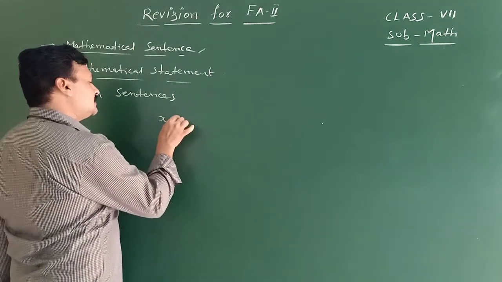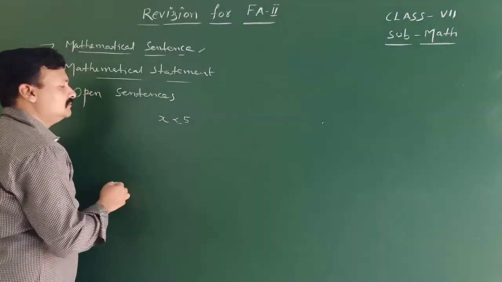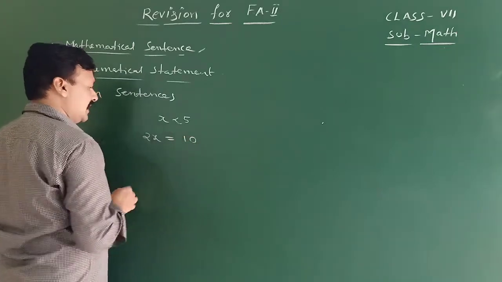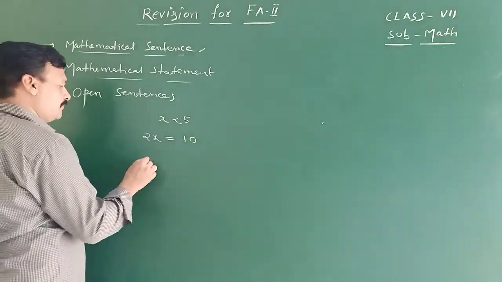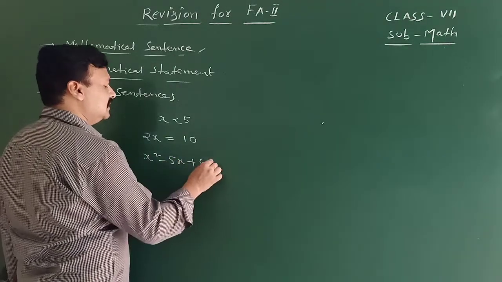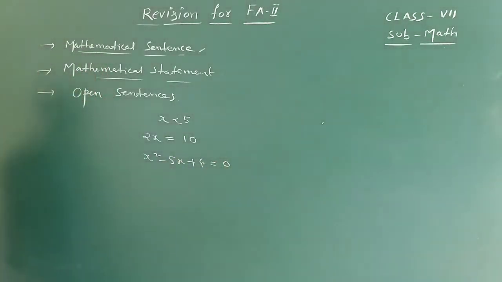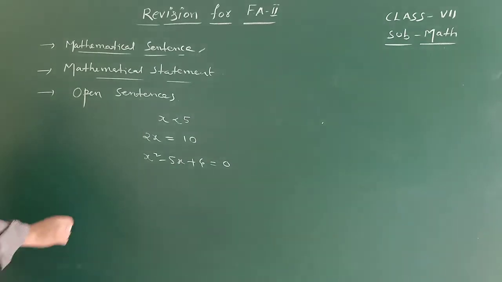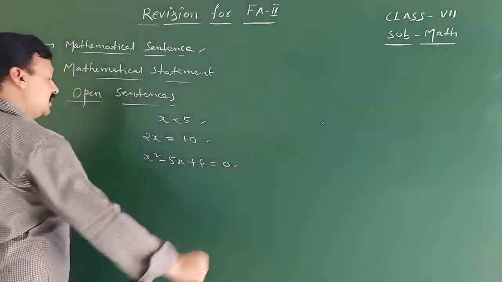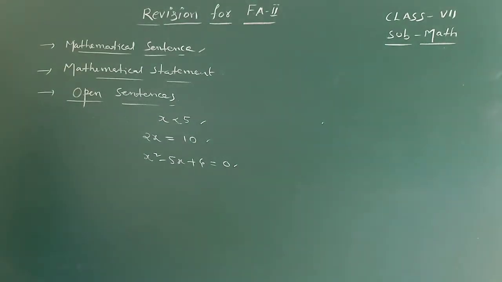Here, x less than 5, 2x equal to 10. Here, x square minus 5x plus 6 equal to 0. These are all open sentences because we can't judge whether the given statements are true or false. That's why these are called open sentences.